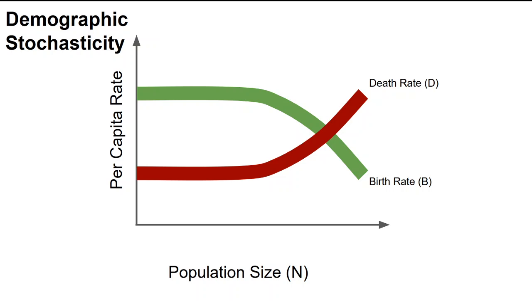Death rates might be lower than average, because in that year, those individuals had something happen. So you might have had more individuals that got eaten by predators that wandered through. And so you might have this whole range of birth rates and death rates at any given population size.